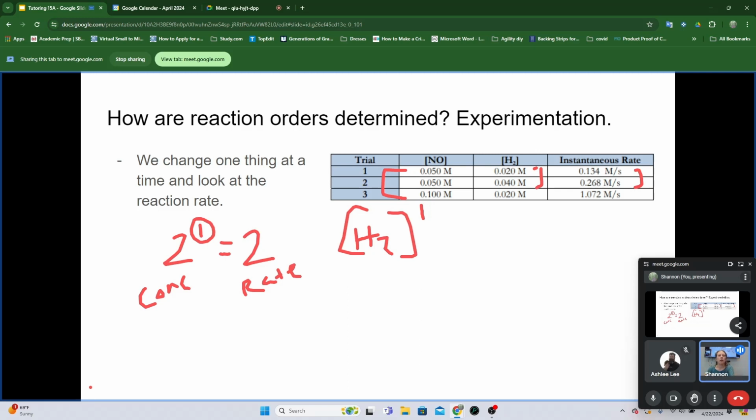But here the hydrogen is the same, and the nitric oxide is different. So what happened to the nitric oxide concentration? And what happened to the reaction rate difference?